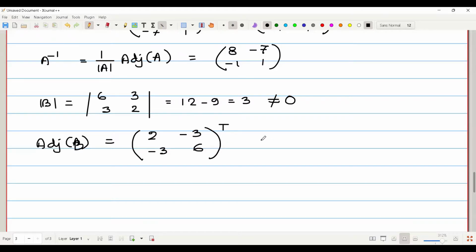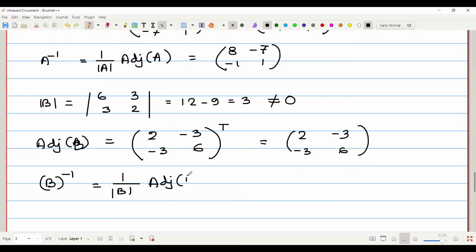So the result is the same, 2 minus 3, minus 3 and 6. So we have the B inverse, that is 1 by determinant of B and then adjoint of B, or that is 1 by 3 of 2 minus 3 minus 3, 6.